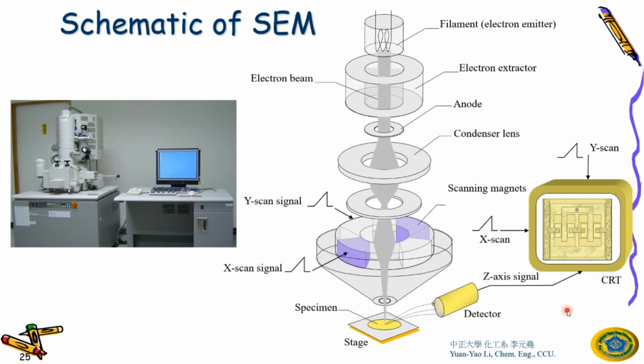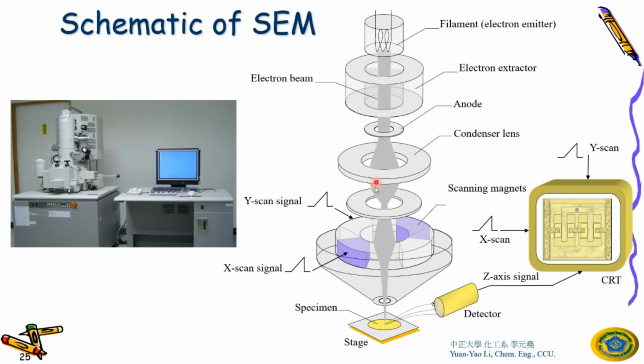So this is a schematic of the SEM. The SEM looks like this, and you have a monitor here, so you know the size of this machine. You have the electron beam generator, the electron emitters. You shoot the electron beam from here, it goes to the condenser lens, then the scanning mechanism, and changes direction.